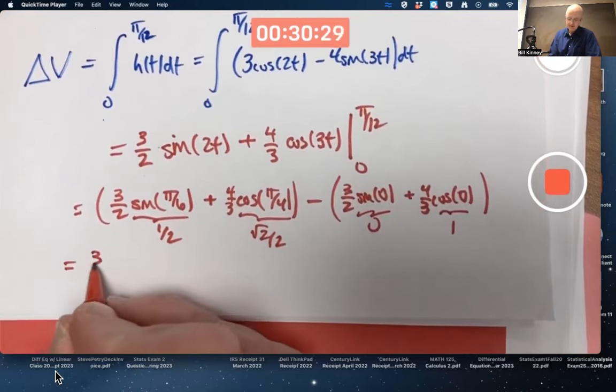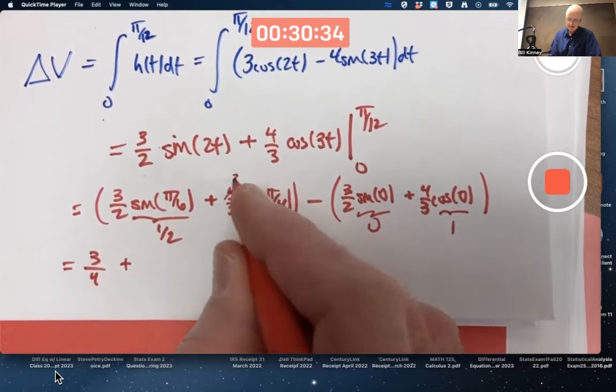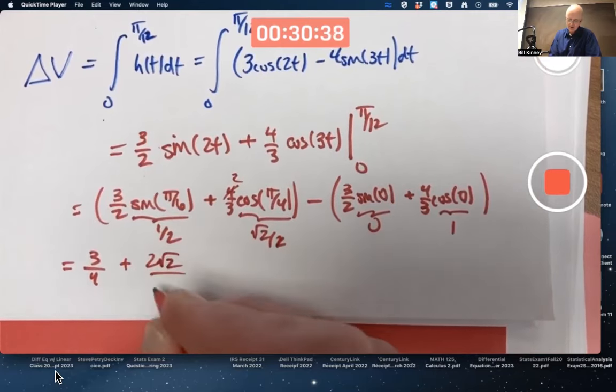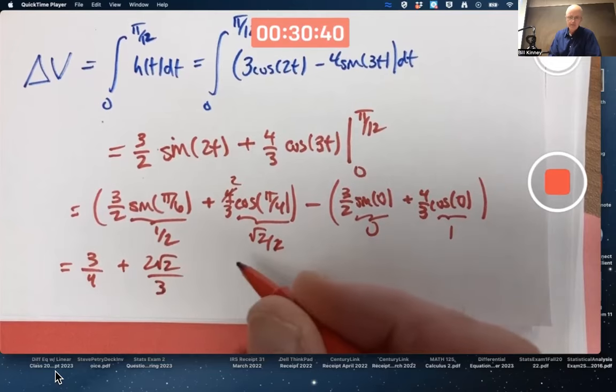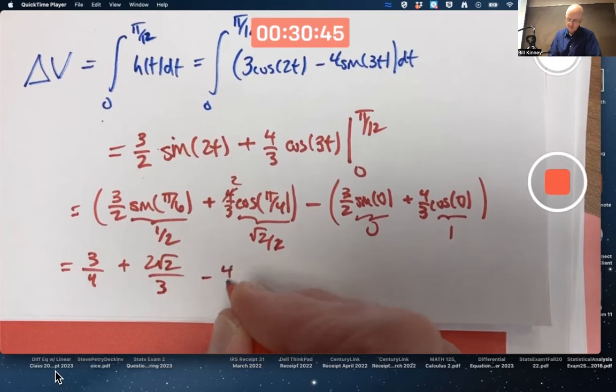3/2 times 1/2 is 3/4. Then I get a plus, let's see. Do a little cancellation here. It looks like 2 root 2 over 3. Then minus 0, minus 4/3, minus 4/3 in the end.